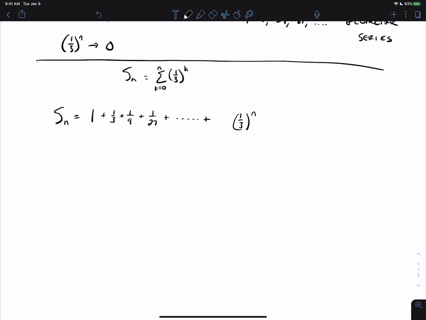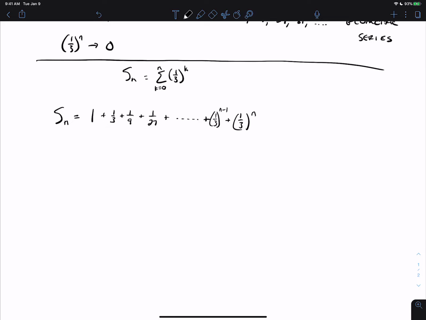So we're looking at what happens as n goes to infinity, but this actually stops because n is just some large number. Maybe it's 1,000,000 or something bigger than that. The term right before this would have been 1/3 to the n minus 1, because that's the a n minus 1 term. Okay, and so we're trying to get a formula for Sn where we don't need to add up 75 or 76 or n terms in order to do the problem.